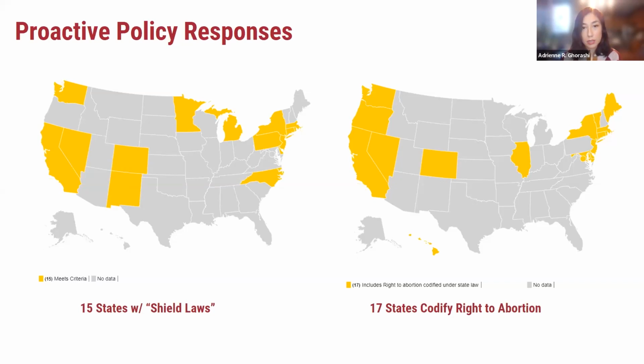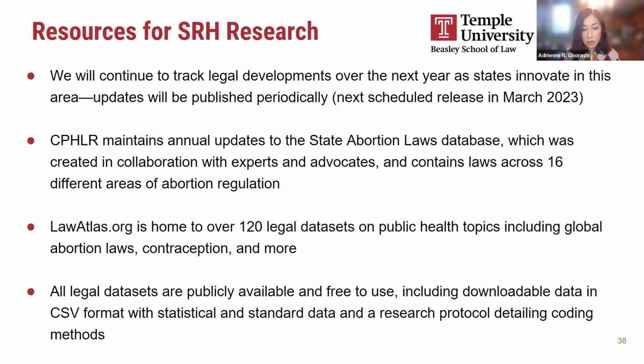Next slide, please. So as I mentioned, we're going to continue using the Sentinel surveillance methods to track these legal developments and expand the data set and build on what we're seeing on the ground. We'll be doing that through 1 year post-Dobbs. We also have updates to the state abortion laws database.